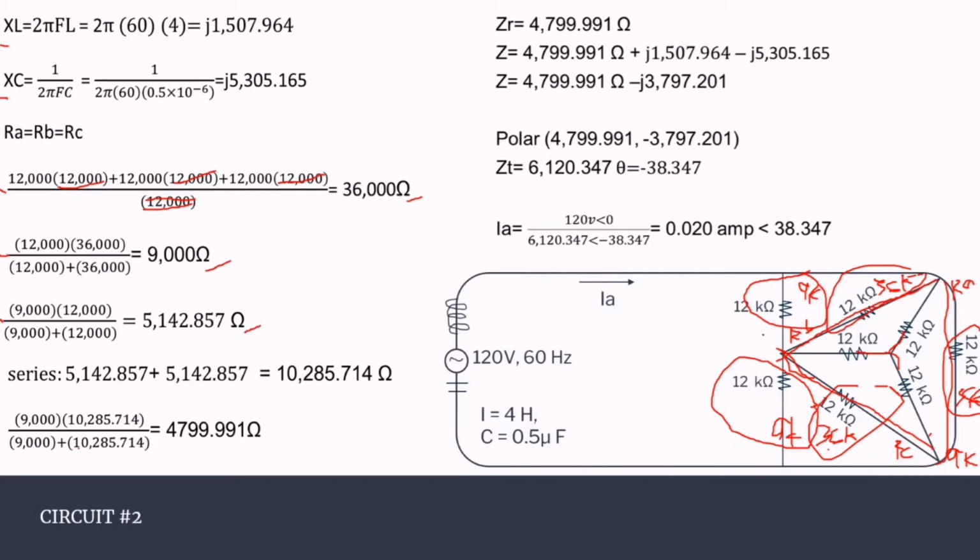Since they are in series, we're going to add them together. So 5,142.857 plus 5,142.857 is equal to 10,285.714 ohms.